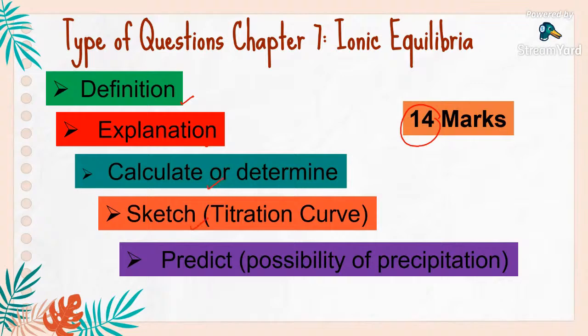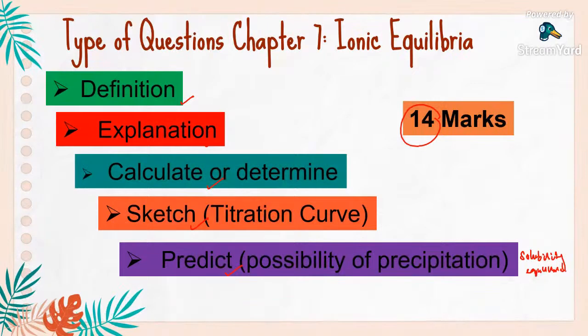In the context of chapter 7, it would be sketching a titration curve. For predict questions, most probably it's about predicting the possibility of precipitation in the solubility equilibrium section.